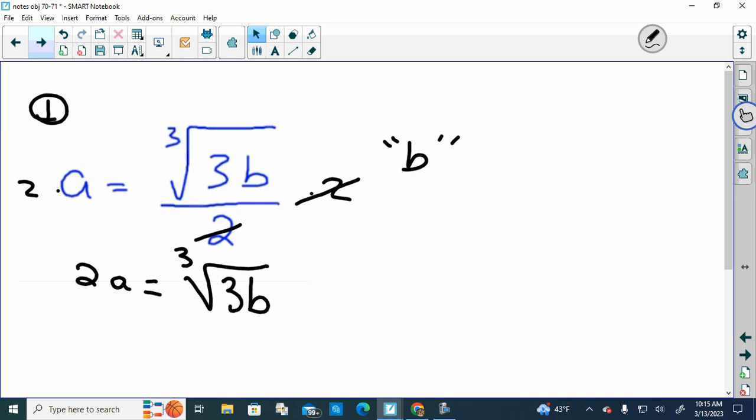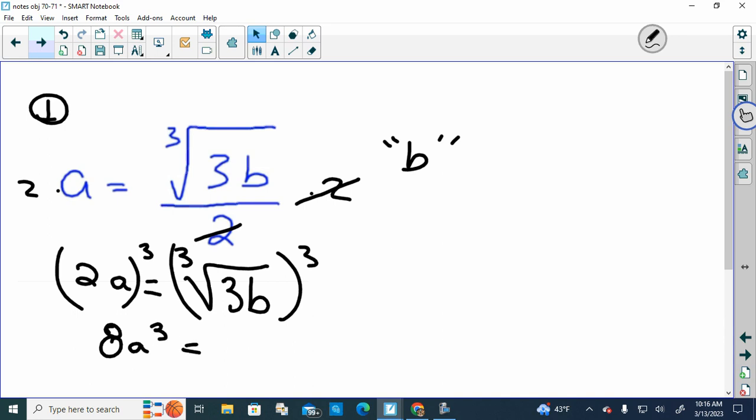What would be the next thing to get the b by itself? I think I heard cube it, okay? So this is the cube root, right? So to get rid of the cube root, we've got to cube it. So what I do to one side, I'm going to do to the other side. So 2 times 2 would be 4, times 2 would be 8. Okay, and then the a is also cubed.